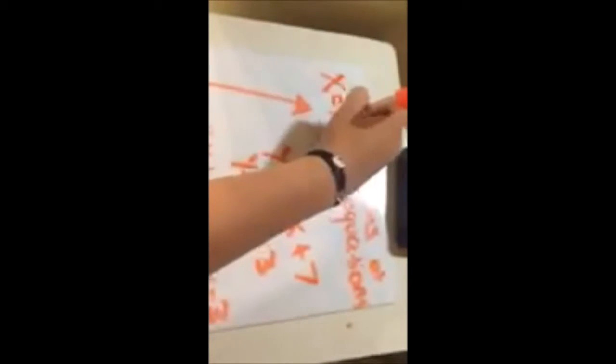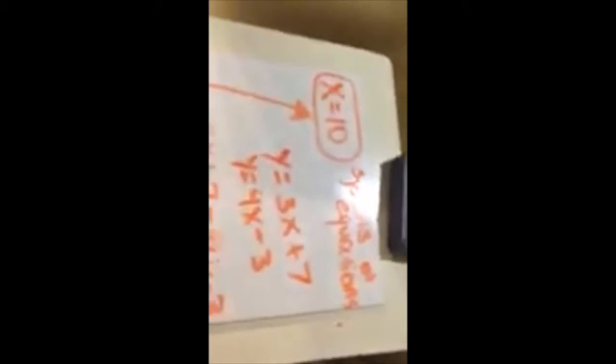That means that x is going to equal 10. So now that you know x, you pick one of the equations, and you substitute 10 in for one of the x values. You can pick which of the two equations you want.